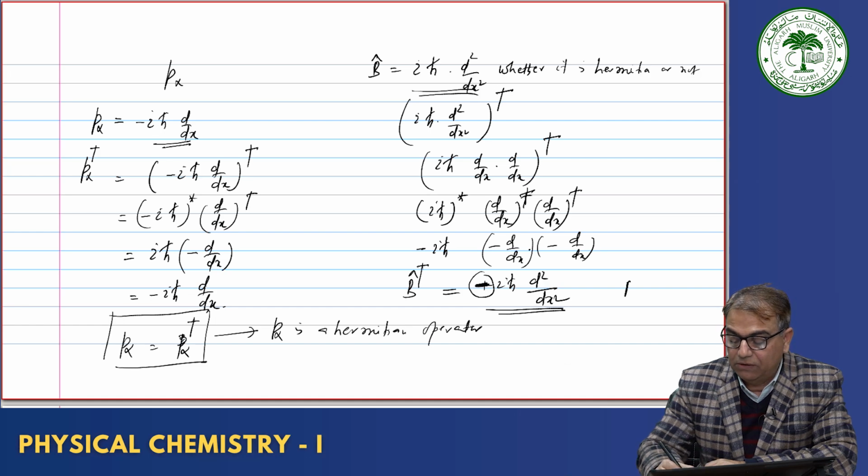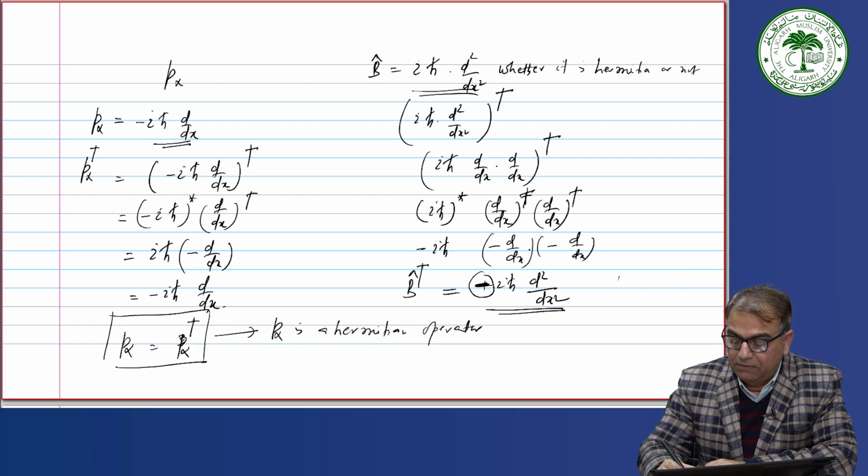It means B is not equal to B dagger; B dagger is equal to minus B, or B is equal to minus B dagger, you can write either. So what is it? It is an anti-Hermitian operator.